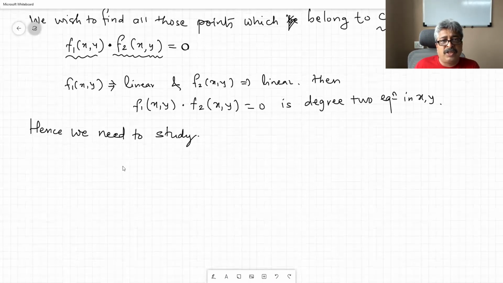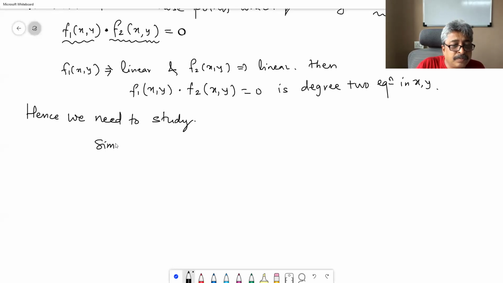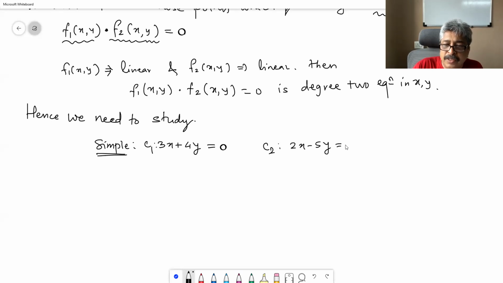So let us begin with the simplest possible degree 2 equation. Simple case. Say 3x plus 4y is equal to 0, a line passing through the origin. This is your C1, for example. And C2 is 2x minus 5y is equal to 0.